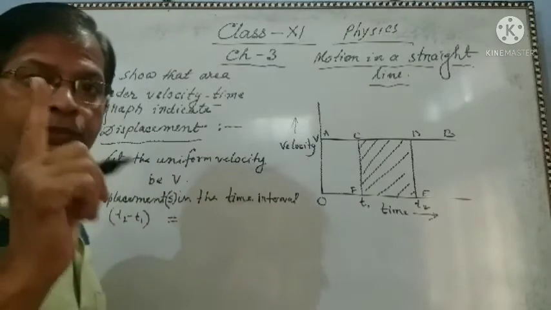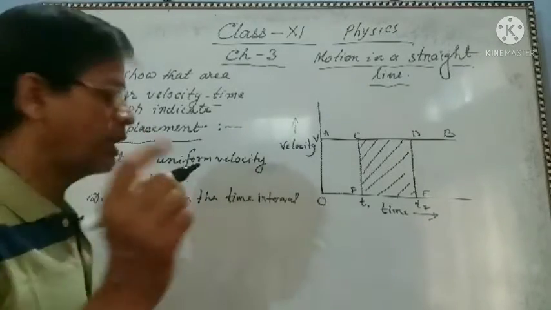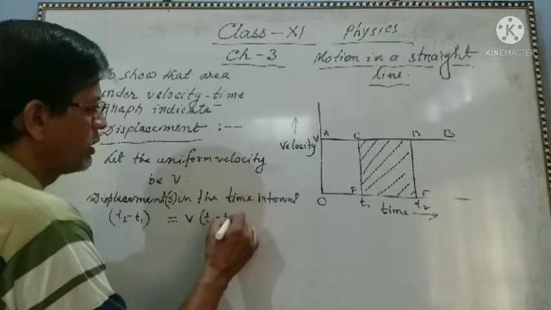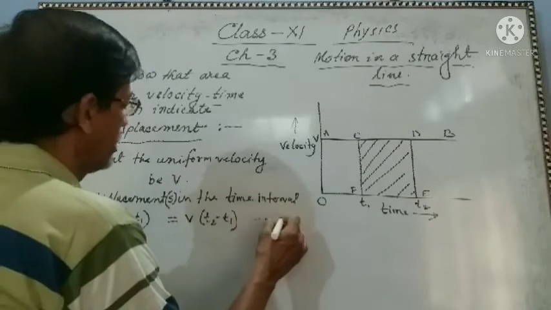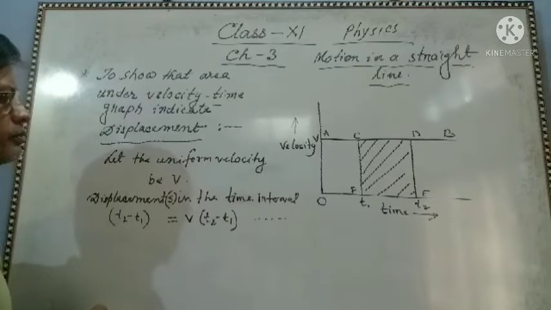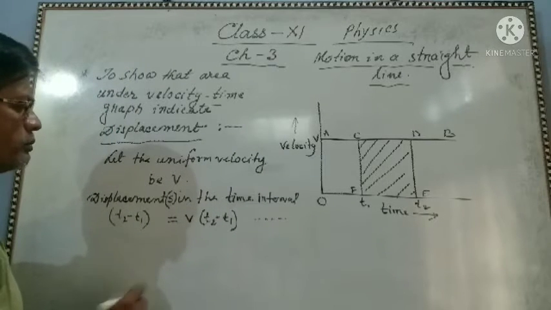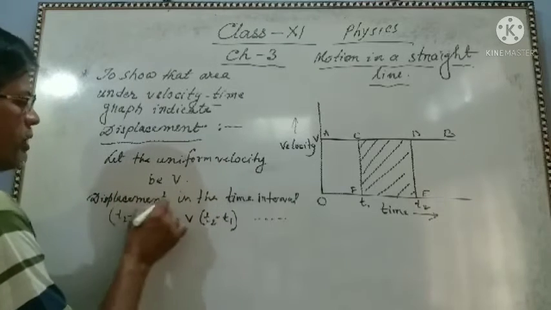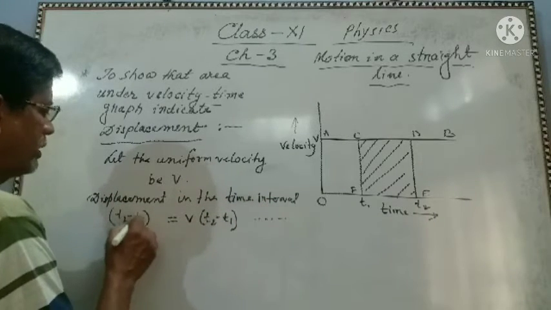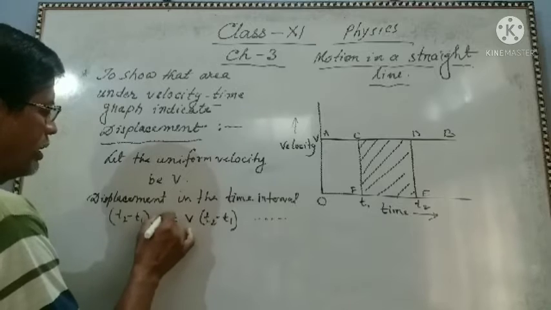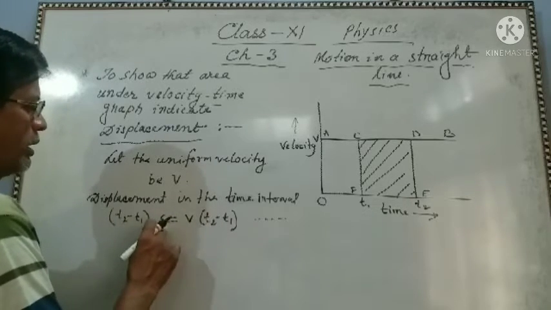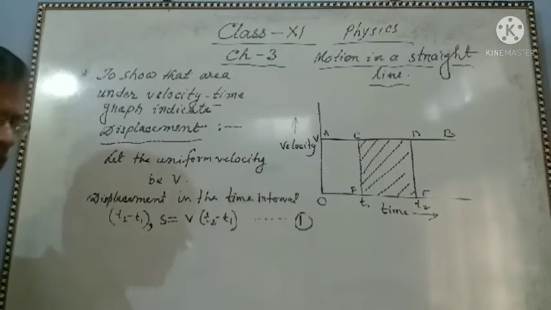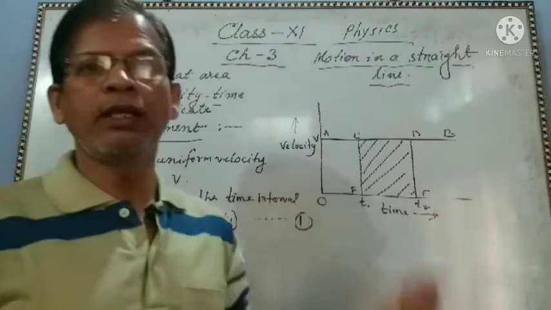Displacement equals speed into time, velocity into time. Velocity is v, time is t2 minus t1. So this is the equation. You can write it this way also: displacement in the time interval, S equals v into t2 minus t1. Equation number 1.